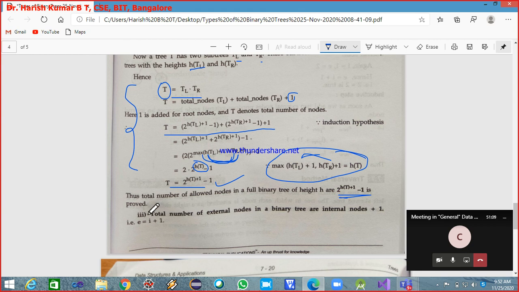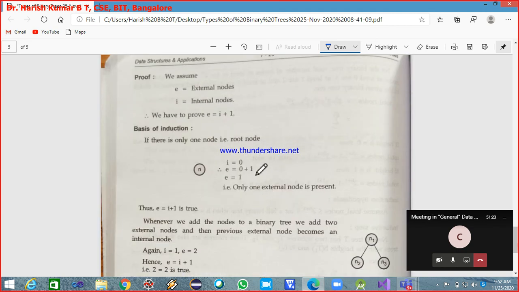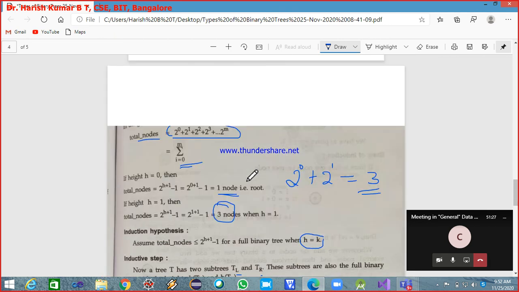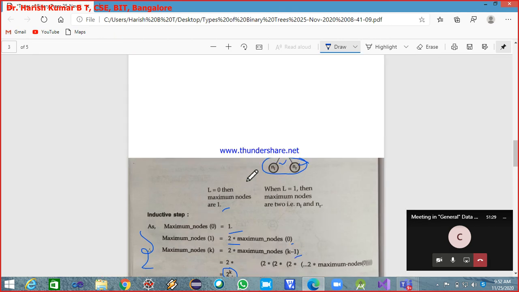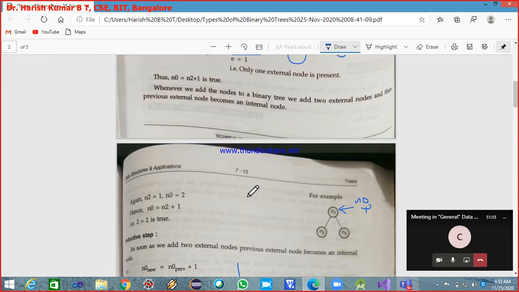Okay, next, the third important property of a binary tree is that the total number of external nodes in the binary tree is the number of internal nodes plus 1. That is E is equal to I plus 1. The proof was already shown here, and you can write the same proof.